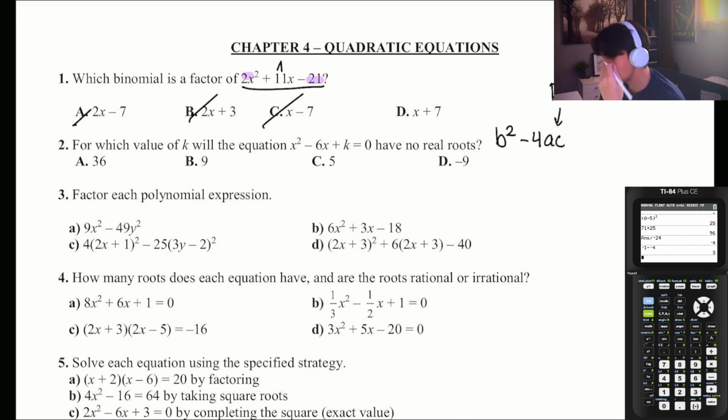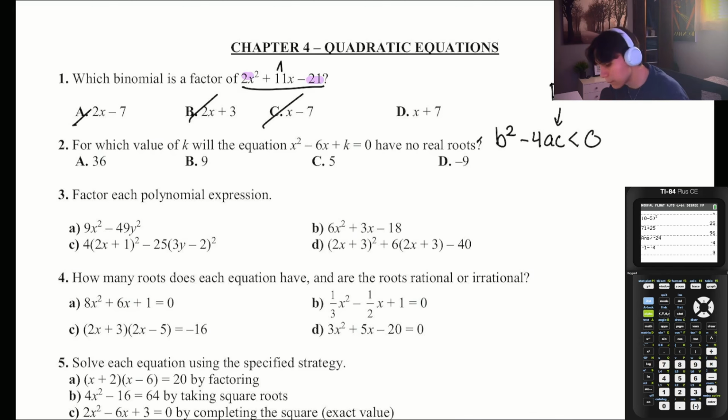Basically, it tells you whether we have an equation with 2 roots, 0 roots, or 1 solution. If it has 1 solution, then this will be equal to 0. If it has no real solutions, it'll be less than 0.